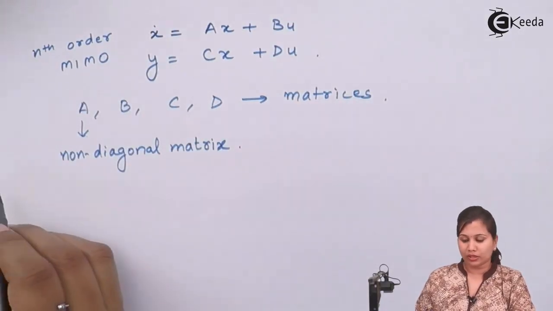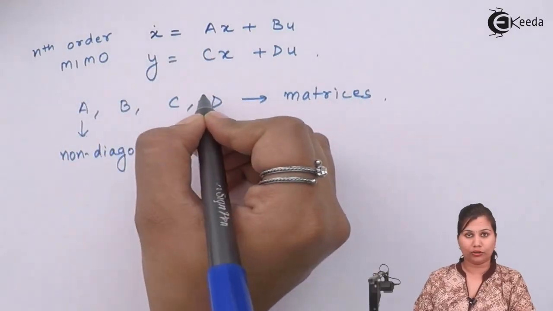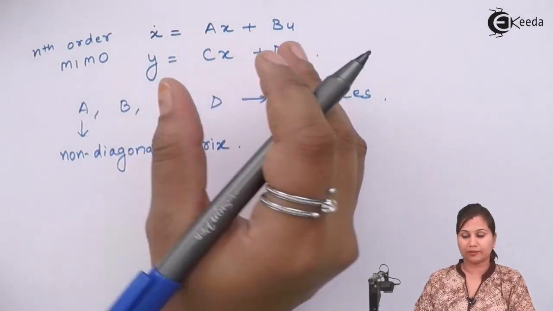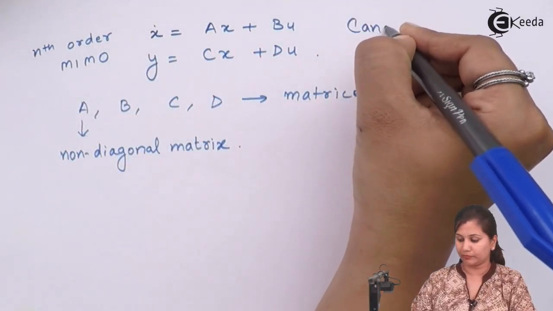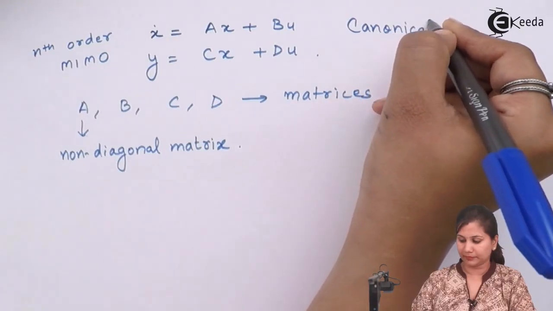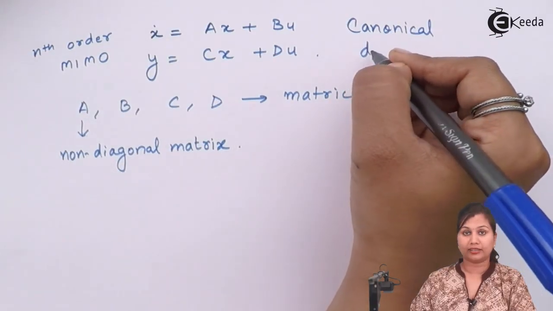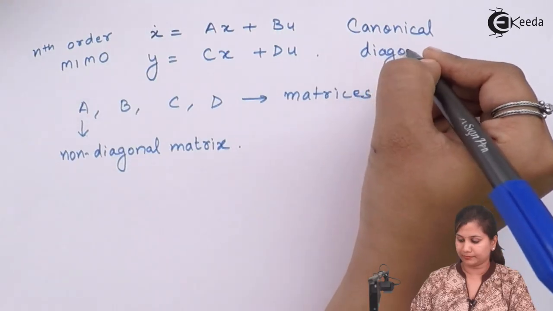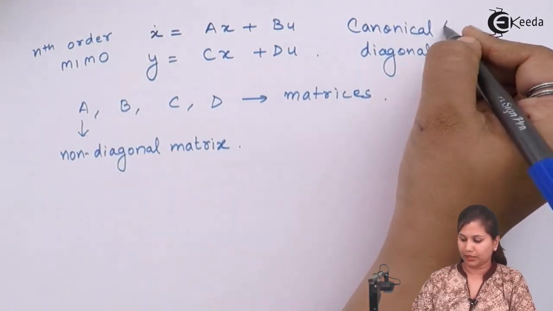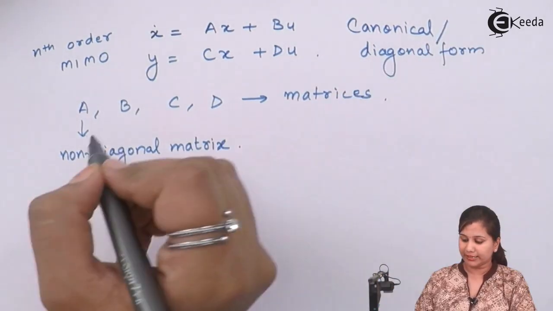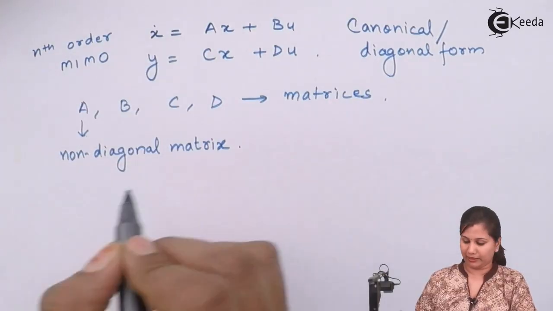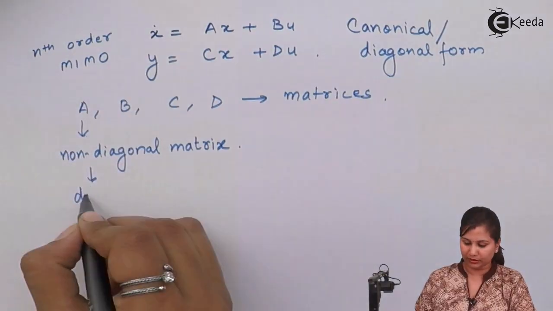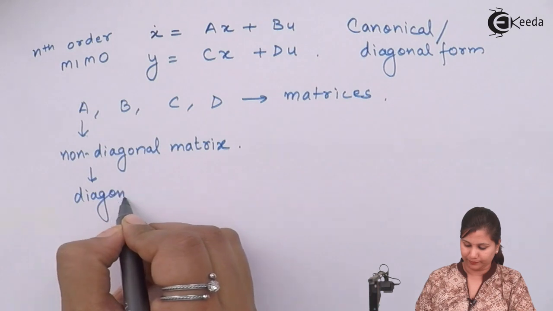If we want to represent this state model in the canonical form, or we can say the diagonal form, then we have to convert this A matrix, a non-diagonal matrix, into a diagonal matrix.